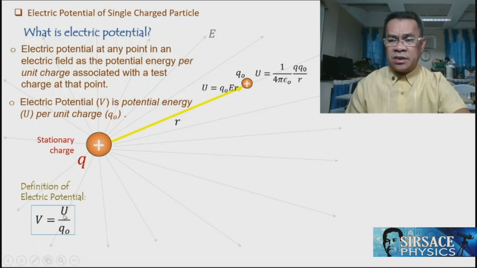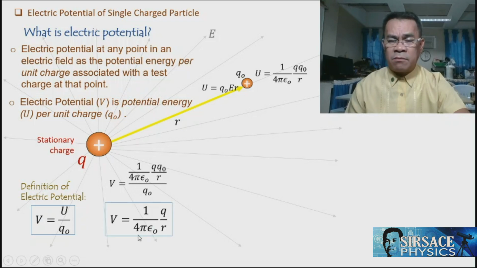This is the energy per moving charge. So you substitute U here: U is 1 over 4 pi permittivity Q naught Q over R. This is the energy divided by Q naught, the moving charge. Q naught will cancel out.